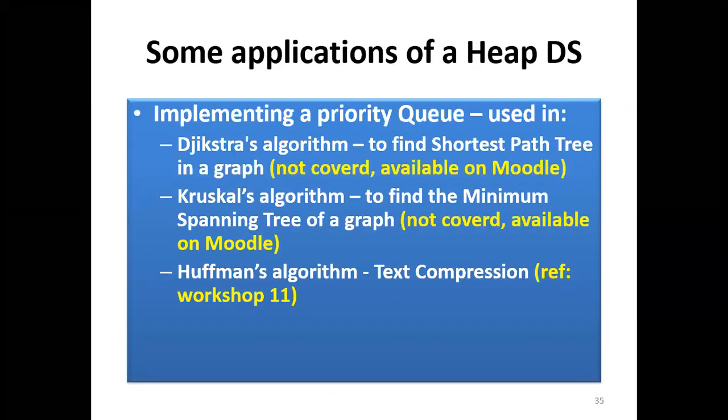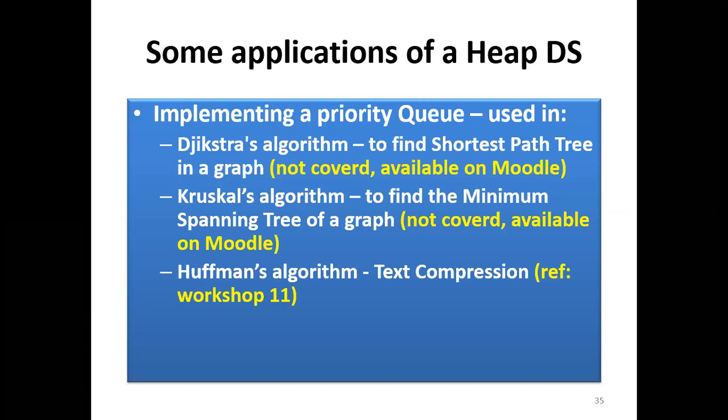These are some areas where the heap data structure could be applied. One is for implementing a priority queue, like using it in Dijkstra's algorithm, which is used to find the shortest path tree in a graph.